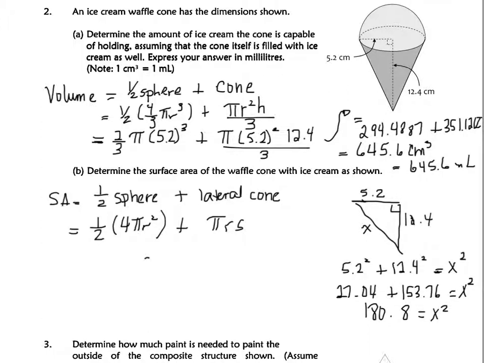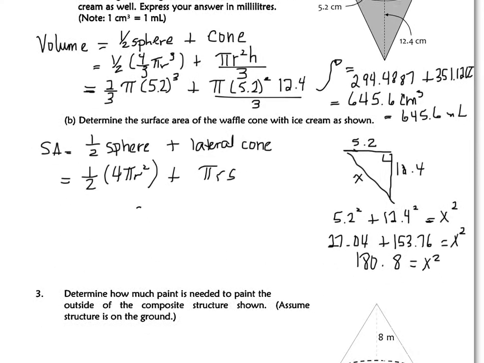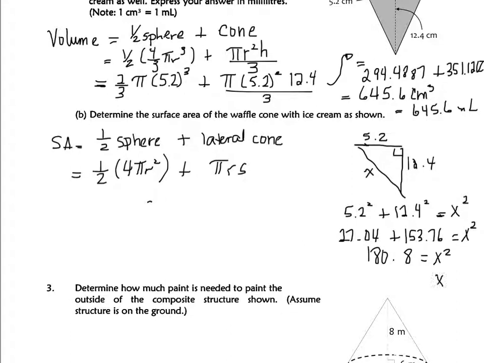So x would be the square root of that, which would be 13.4 if I round it off to 1 decimal place. So if I come back over here now, I need half of 4 pi r squared. Half of 4 is going to be 2, so I need 2 pi.